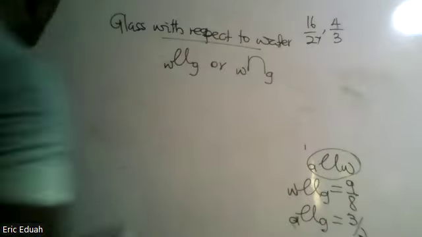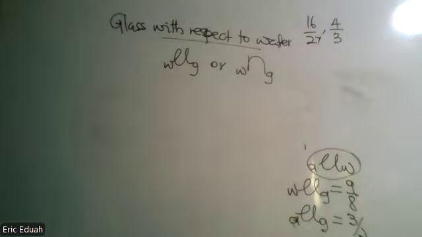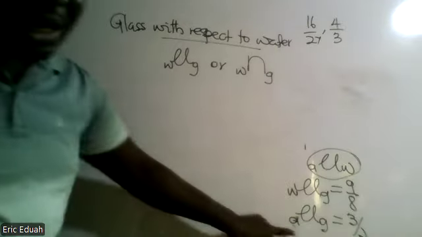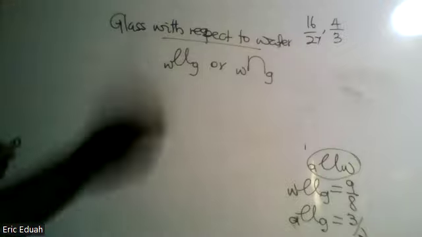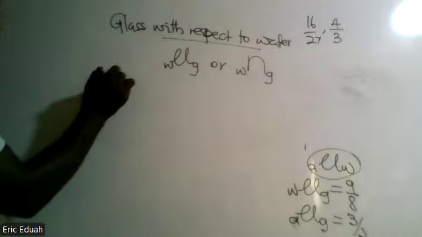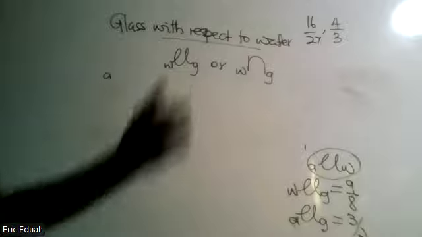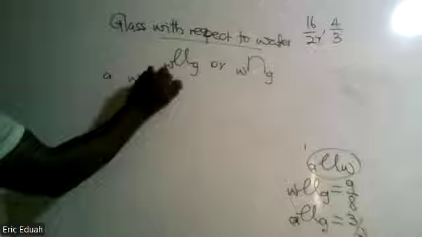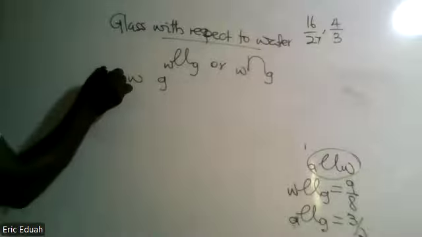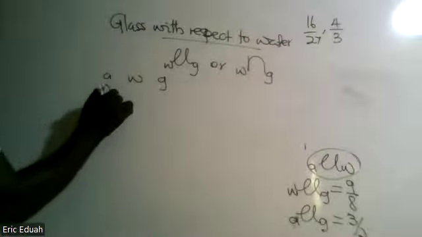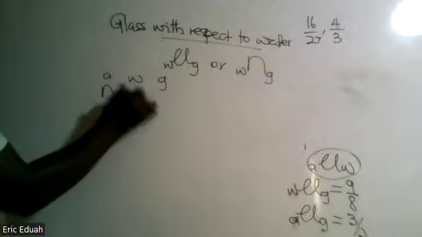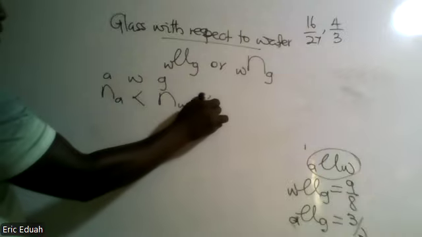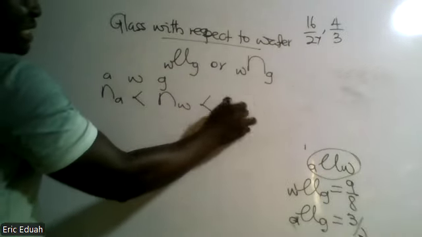If the refractive index values are given, we know that for three materials, air, water, and glass, the refractive index of air must be less than that of water, which must be less than that of glass.